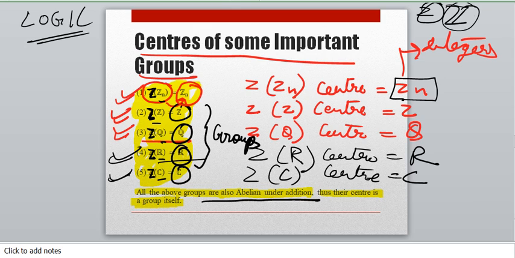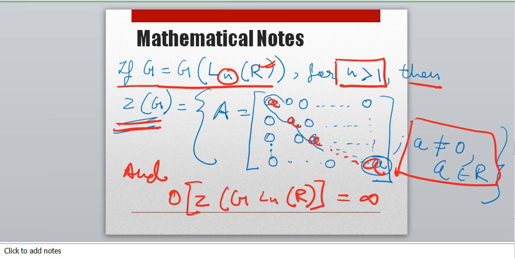The center of the rationals is the rationals, of the reals is the reals, and of the complex numbers is the complex numbers. All the above groups are abelian under addition. We learned many things today, and one beautiful and important example.